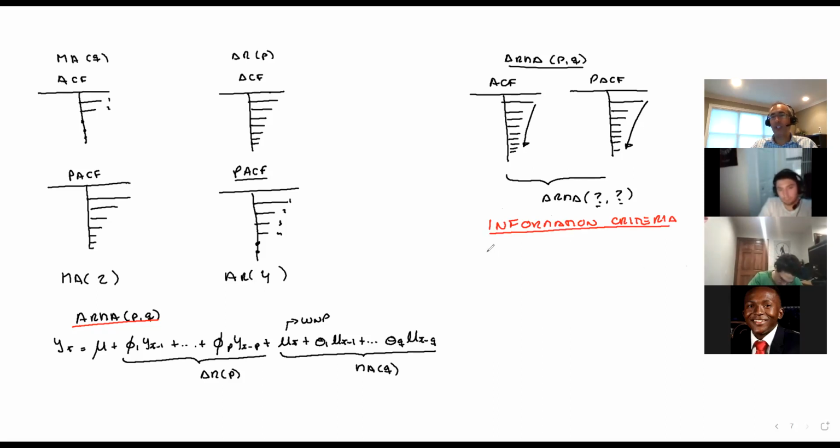We are going to use basically two: the Akaike information criteria, and the Bayesian Schwarz, also called the Bayesian information criteria.